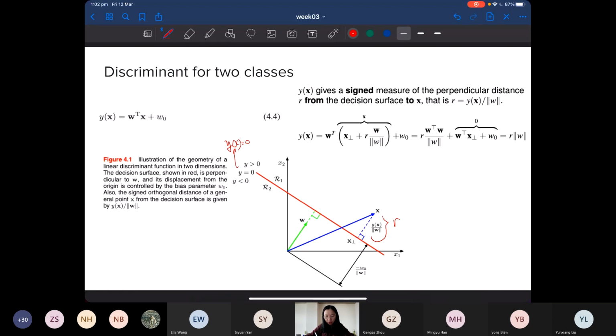We decompose x into two parts. The first part is the projection of x onto the hyperplane, or x perpendicular. It's the vector sum of x perpendicular with r.